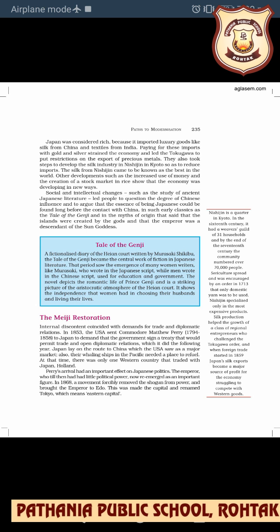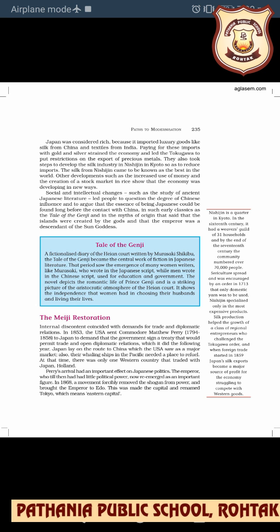Japan was considered rich because it imported luxury goods like silk from China and textiles from India. And paying for these imports with gold and silver strained the economy and led the Tokugawa to put restrictions on the export of precious metal.